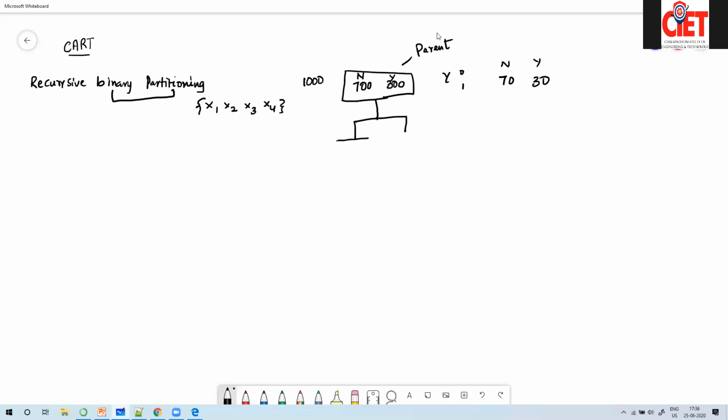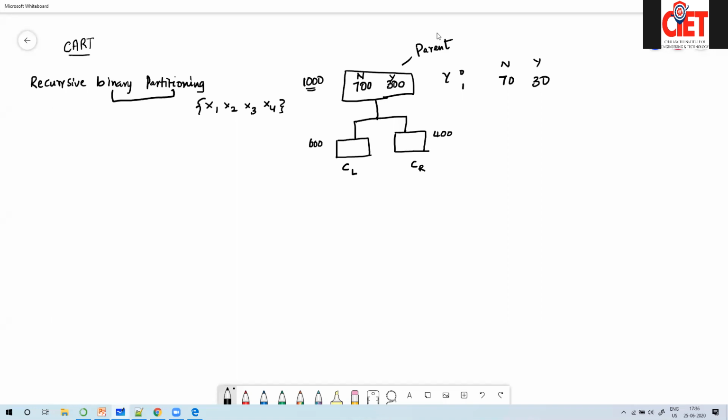Let's say we split these 1,000 observations into two smaller nodes. These are called the child nodes. So this is the child on the left hand side, this is the child on the right hand side. We are going to separate these 1,000 observations into two. Let's say we got 600 observations here and we got 400 observations here.